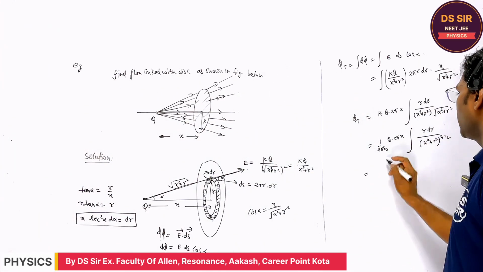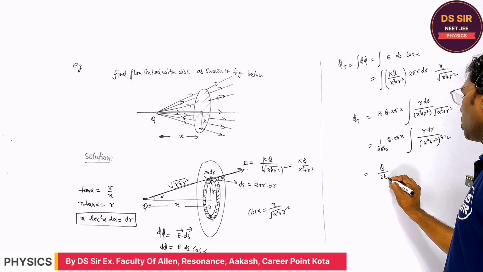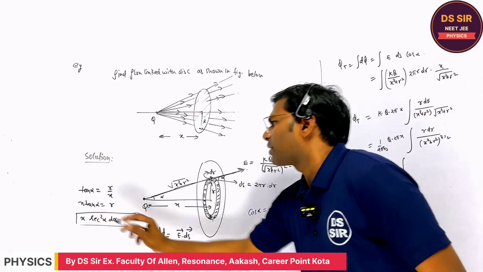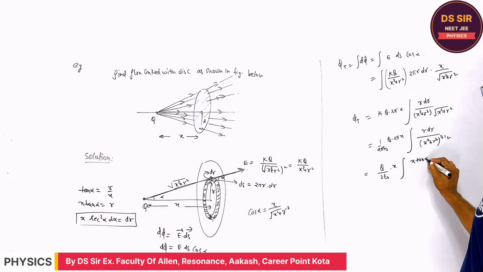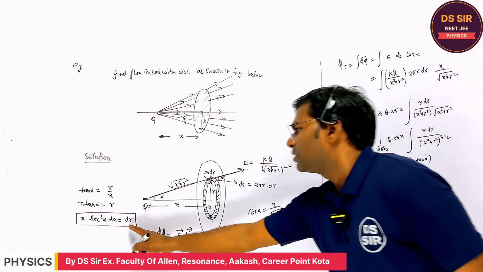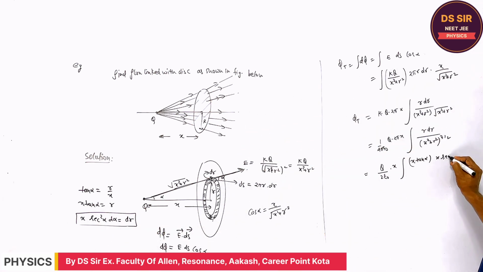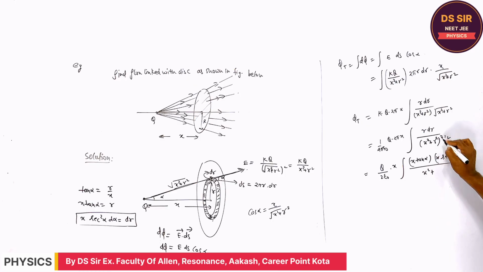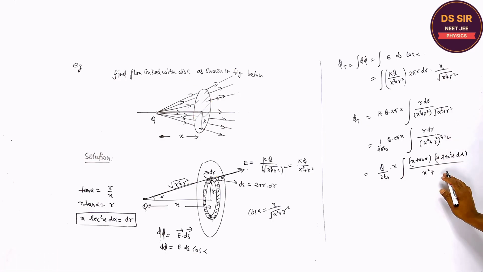So you may put over here q upon 2 epsilon naught into x, into r. What is the value of r? The value of r is x tan alpha. The dr value is x sec square alpha d alpha. In the denominator, x square plus r square whole to the power 3/2, where r is x tan alpha.